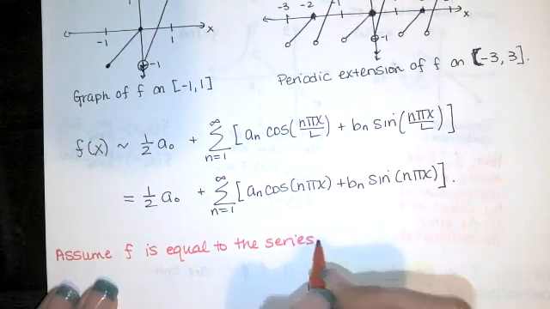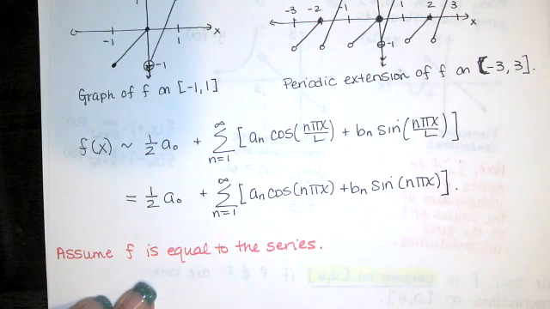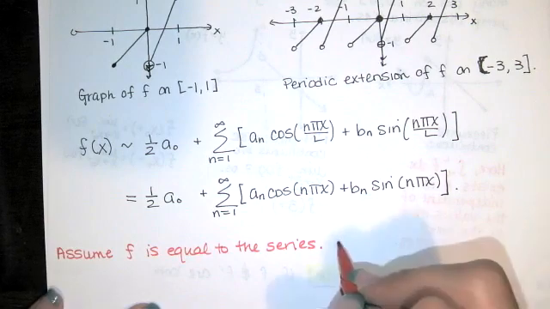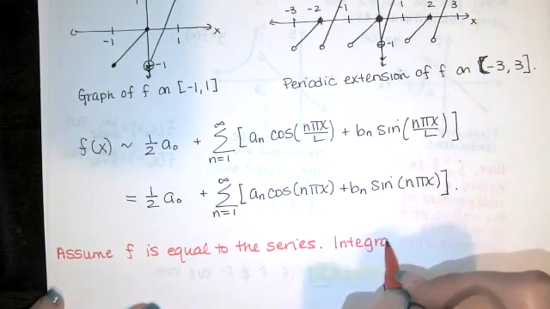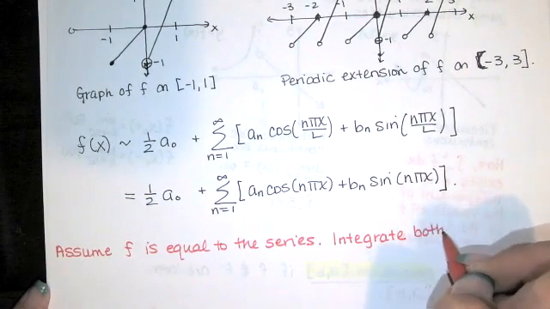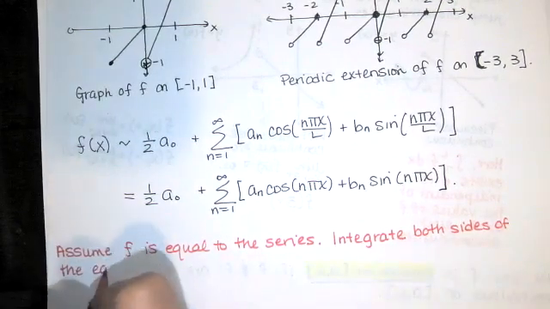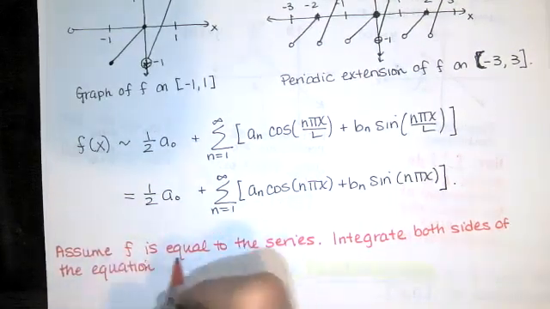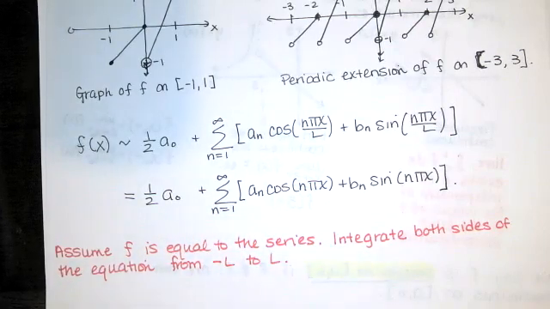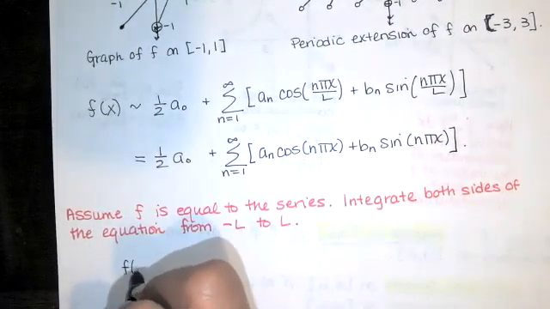And then after we make that assumption, we will integrate everything from negative L to L. So we'll say integrate both sides of the equation from negative L to L. So on this side, I've got f of x.